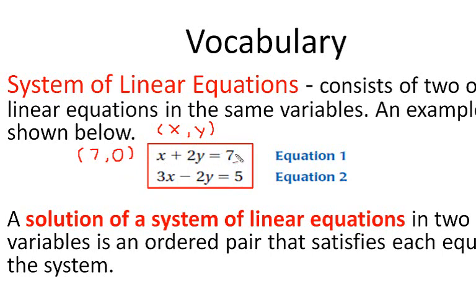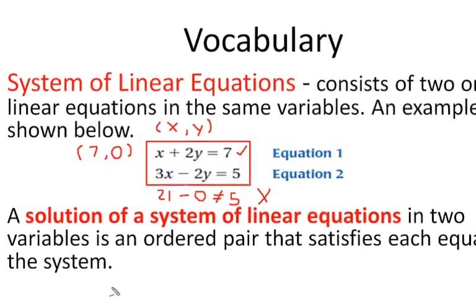But if I plugged 7 for x into the second equation, I would have 21 minus, plugging in 0 for y, minus 0. That would not equal 5. So this wouldn't be true. What we're looking for is a point, an ordered pair, that satisfies both equations.